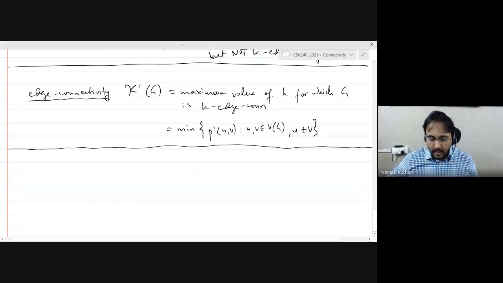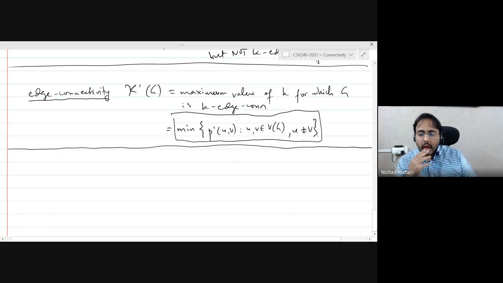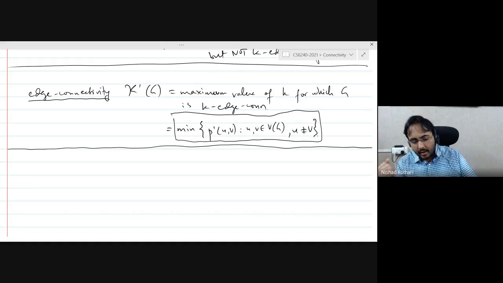Okay, and now remember in vertex connectivity we saw two definitions. One is the definition using PUV, which is basically this exact definition. Instead of P prime, you take PUV, right? And then we saw another definition using Menger's theorem, where we have to make an exception for graphs whose underlying simple graph is complete.